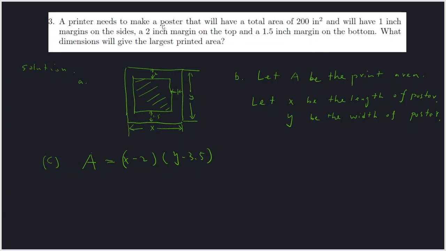And then the first condition will give you the constraint. We know the total area of the poster is 200 square inches. The total area of the poster is x times y, the length multiplied by the width.